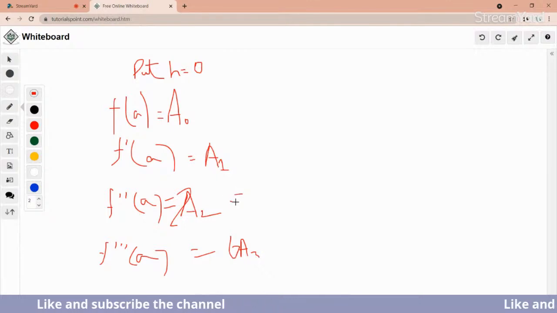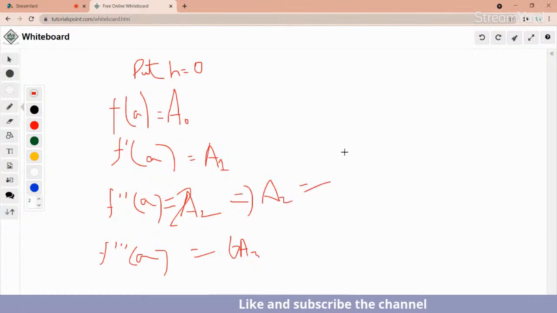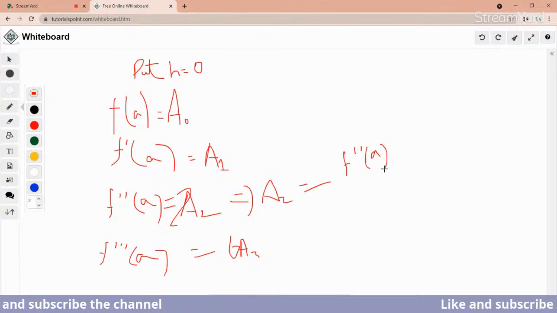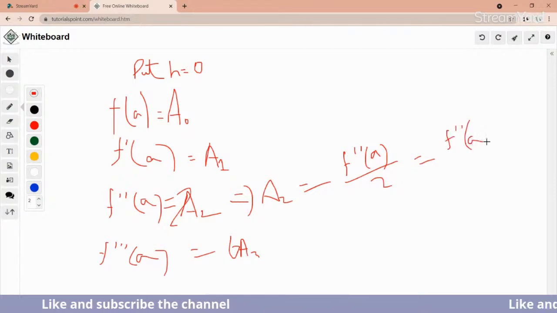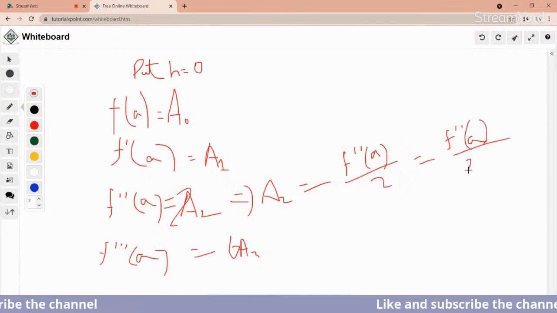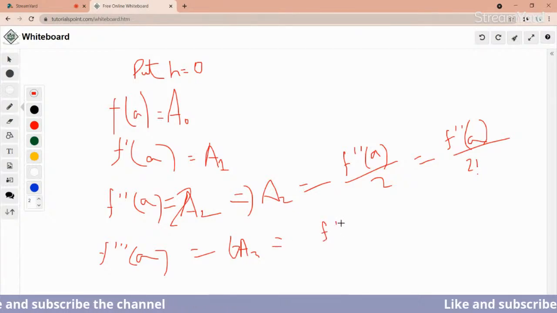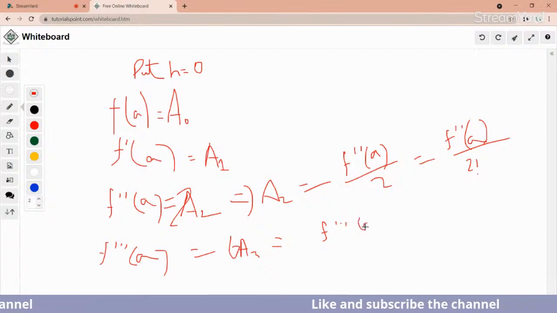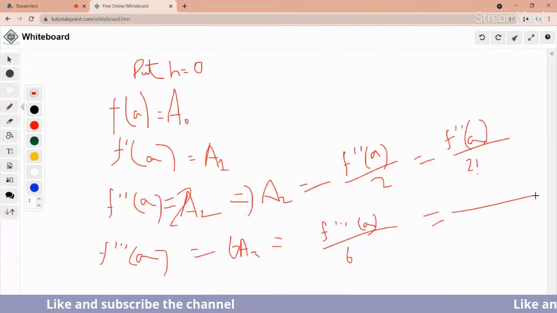From here, the value of a2 we got as f double dash a by 2, which we can also write as f double dash a by 2 factorial, and in this case we will get f triple dash a by 6, and 6 is equal to 3 factorial.